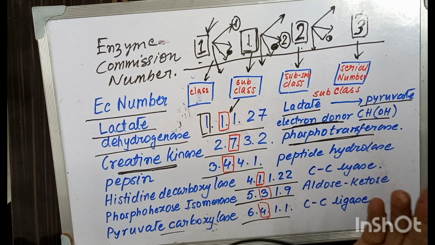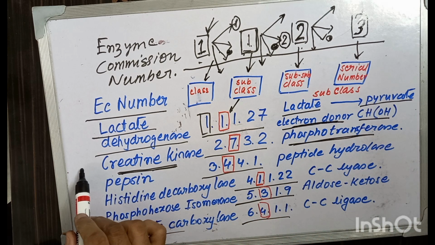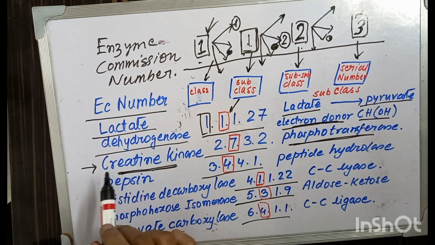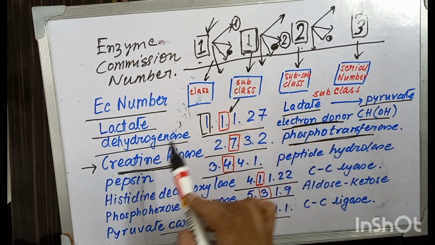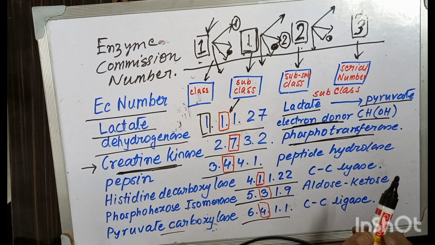We know transaminases do that. So there are different transaminases acting in our body. I have cited creatine kinase as the example of a transferase reaction, and remembering creatine kinase will be okay for you.